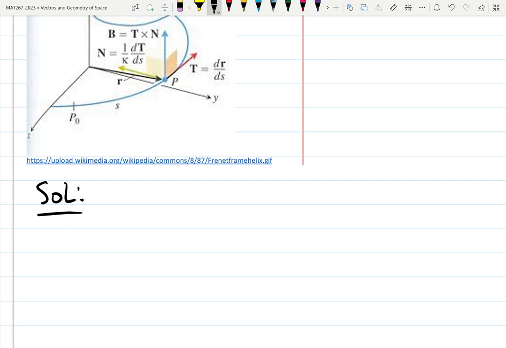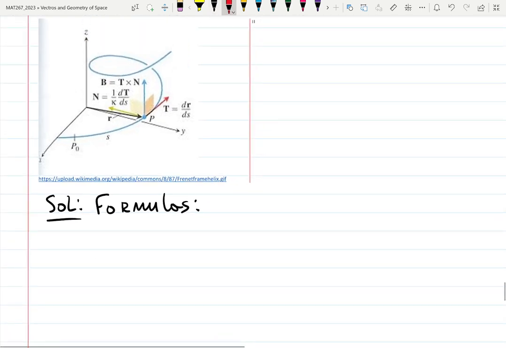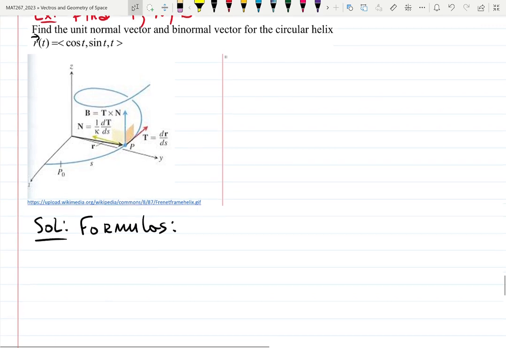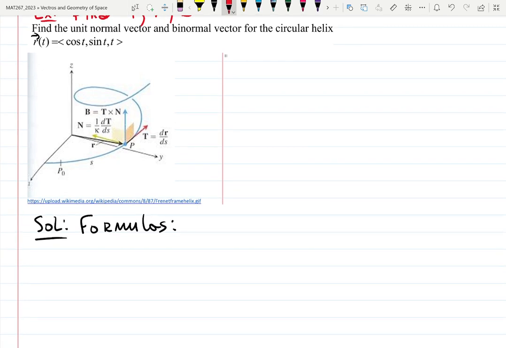You just need to know all the formulas, so maybe start with that. Formulas. It says find N, the normal vector, but skip some space. The unit normal vector requires you to find the unit tangent vector.